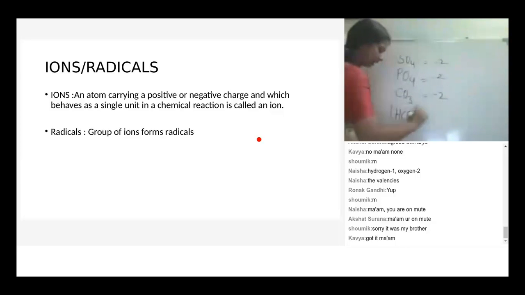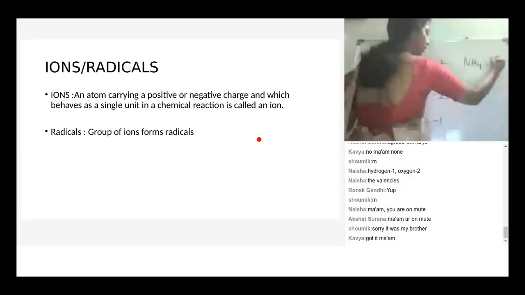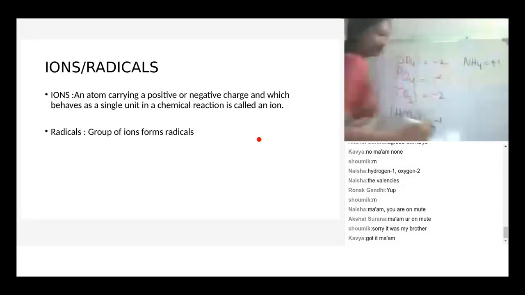All these are radicals, children. They will be under one bracket, one closed group. CO3 minus 1. NH4 is a positive radical, plus 1. Understood or not? All these are radicals.